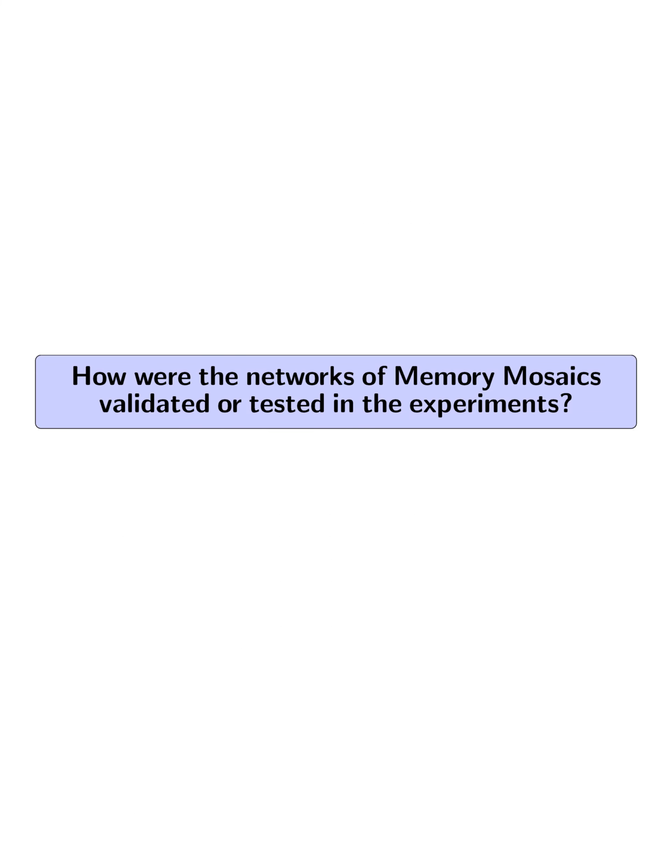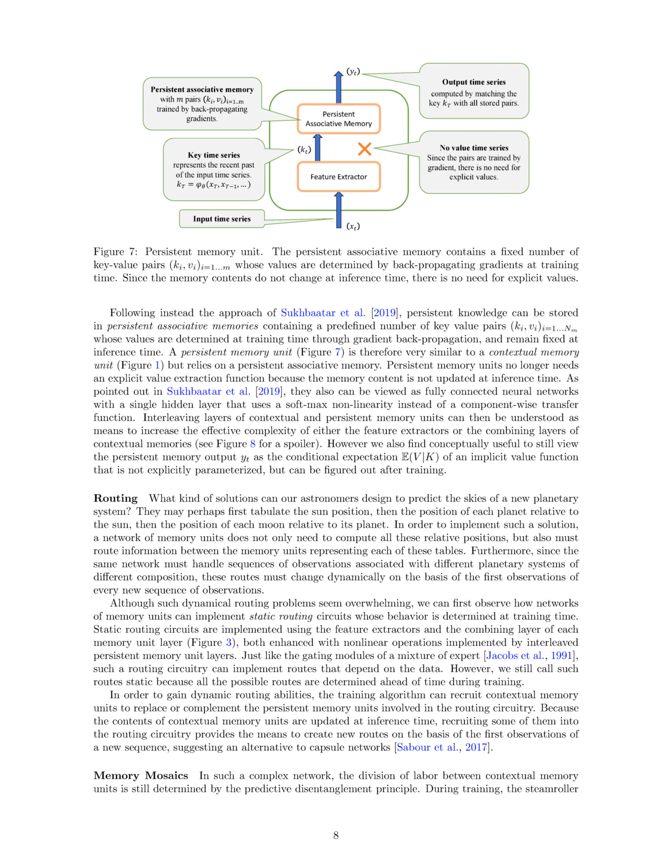How were the networks of memory mosaics validated or tested in the experiments? The networks of memory mosaics were validated and tested in the experiments by training them on the TINYSTORIES dataset and the BABISTORIES corpus, which contains stories written in a simple language.